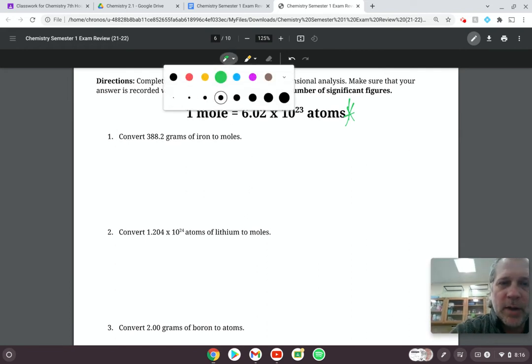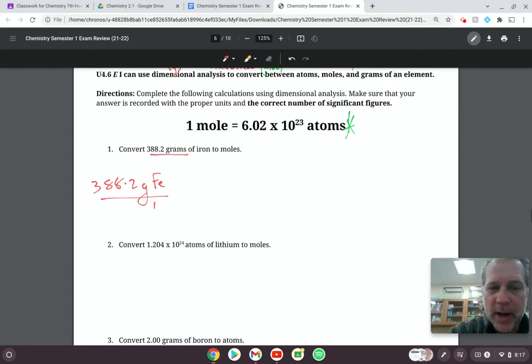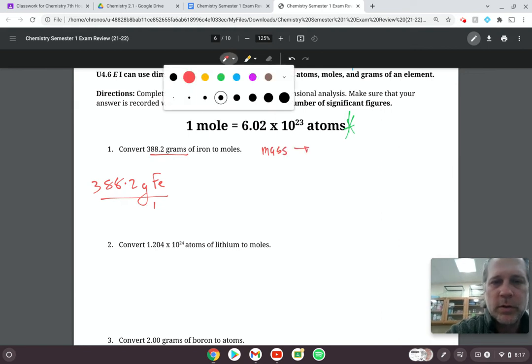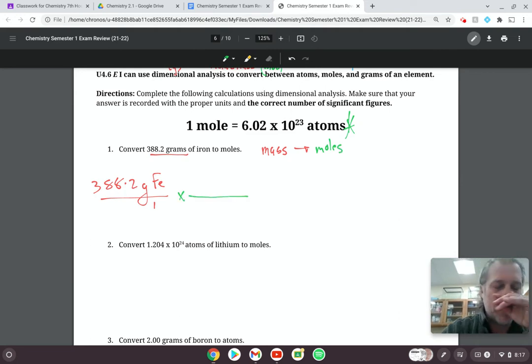So I'm going to start with my mass, which is what I was given, 388.2 grams of iron. And I'm going to put it over 1. And since we're going to go from mass to moles in this problem, I know that I am only going to do a 1-step conversion.